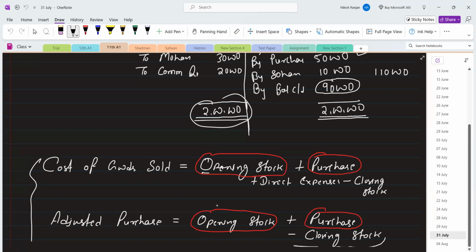So should I write this like adjusted purchase also? I asked should I write this adjusted purchase also?